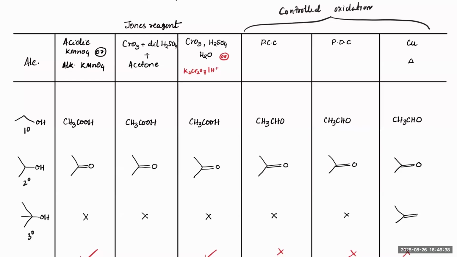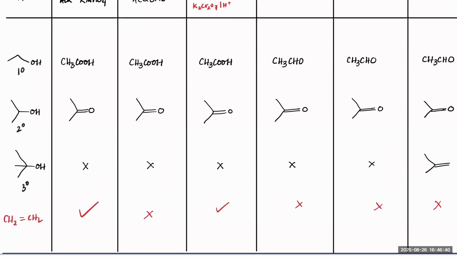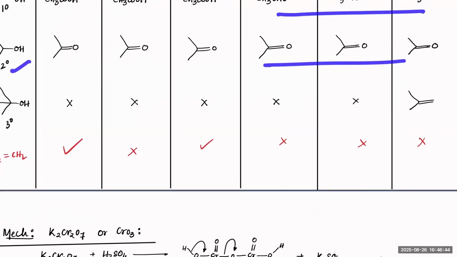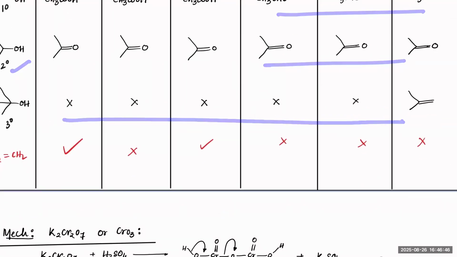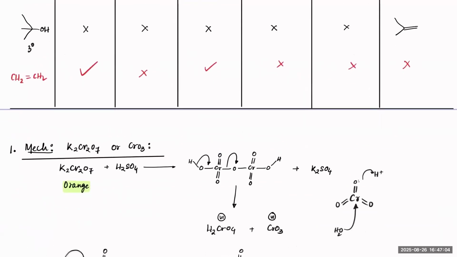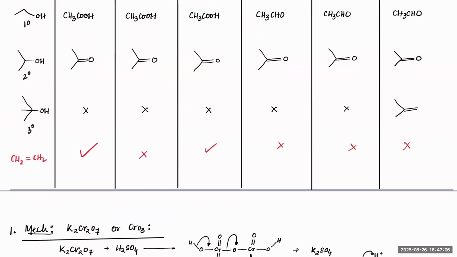In case you have a 1-degree alcohol, you will get aldehydes. 2-degree alcohols, ketones. 3-degree alcohols, no reaction except for copper and heat. Copper and heat will give you dehydration: OH and H from the beta position will be removed and converted into an alkene. And lastly, this is important to note.